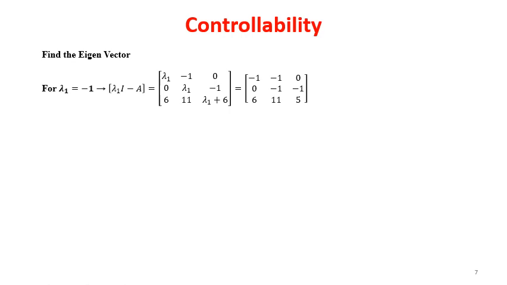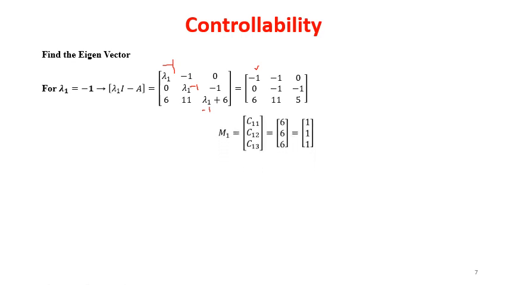When we substitute lambda by minus 1, we get minus 1, minus 1, 0; 0, minus 1, minus 1; 6, 11, minus 1 plus 6, which equals plus 5.